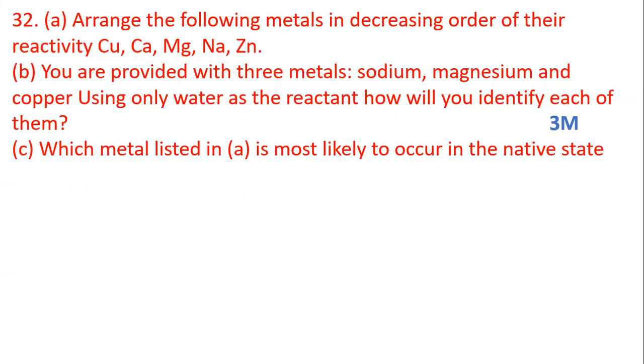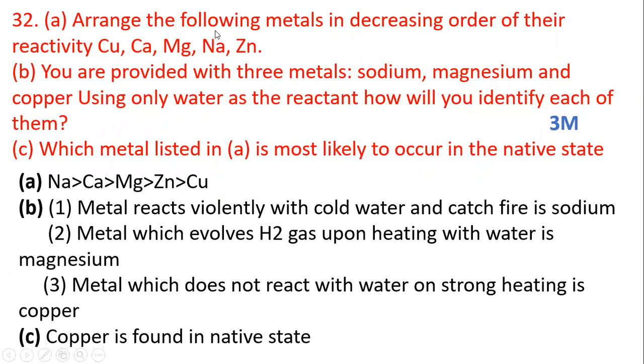Remember, sodium and potassium are stored, preserved in kerosene because they are highly reactive. We'll see the arrangement. Of course, sodium is very reactive. These two have mostly equal reactivity, but when you go down a group, reactivity increases.